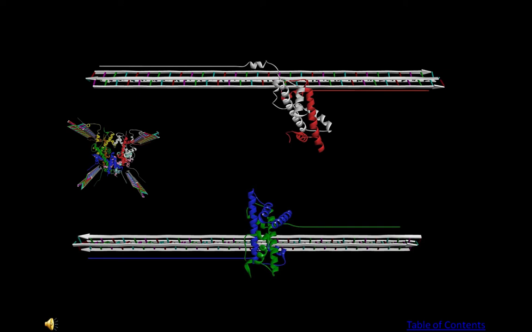Let's start with the upper complex, which is a rotated view of what would be the white and red H3-H4 corner of the root position octamer square. If you take the trouble to count the rungs in either of the two DNA ladders showing, you'll see that they contain about 32 base pairs per DNA duplex.